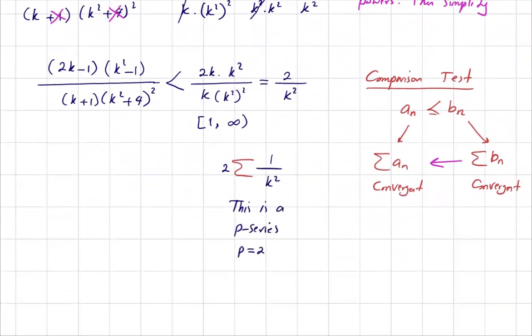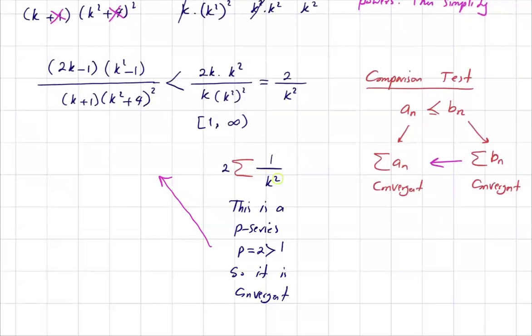P is the exponent, more than 1. So it is convergent. Based on comparison test, the smaller series must be convergent as well.